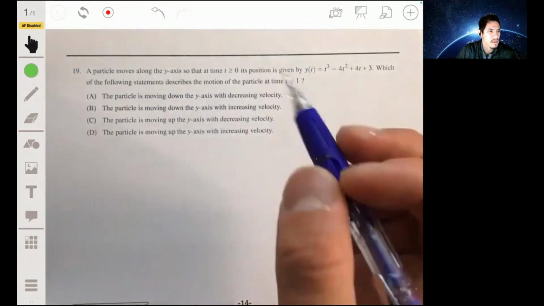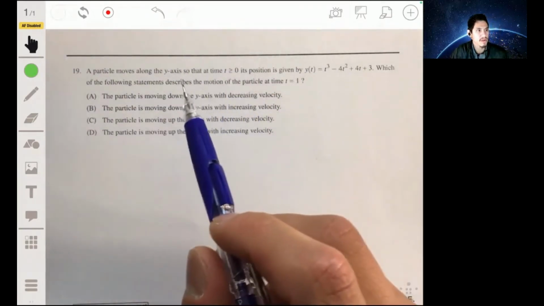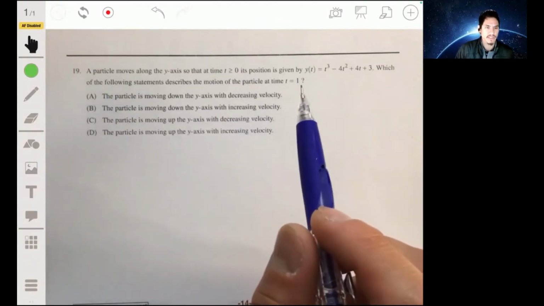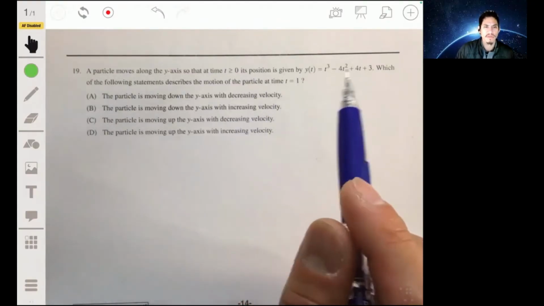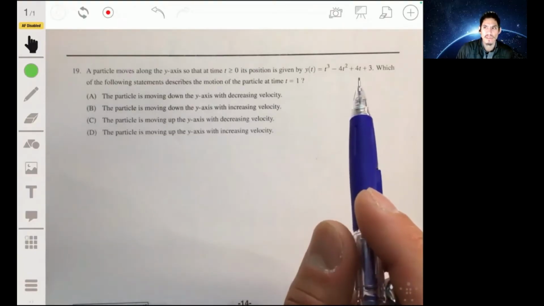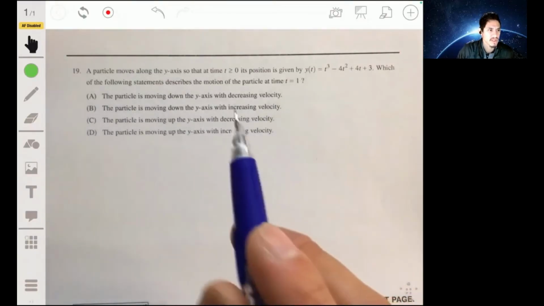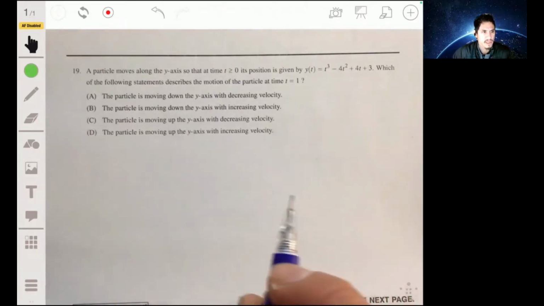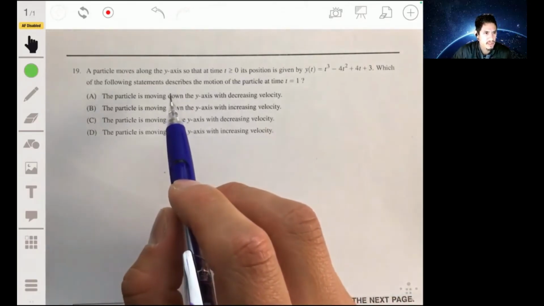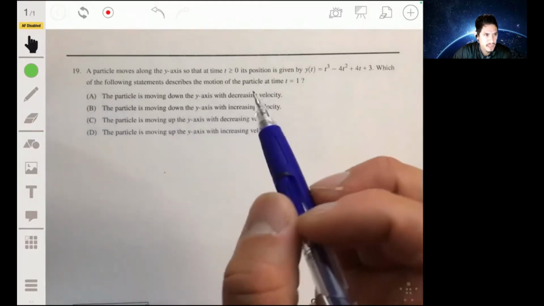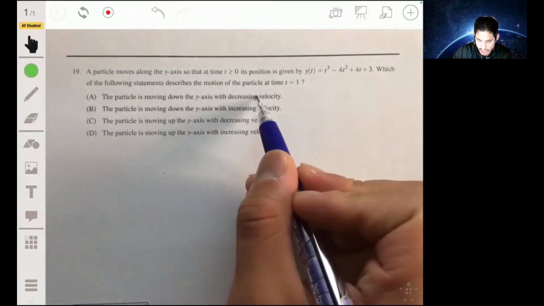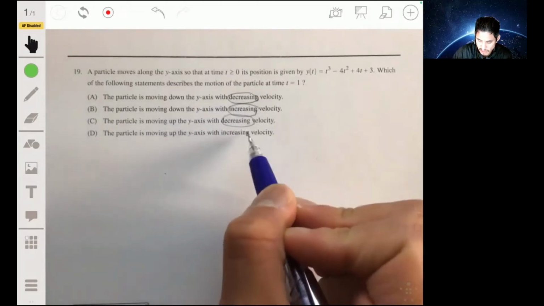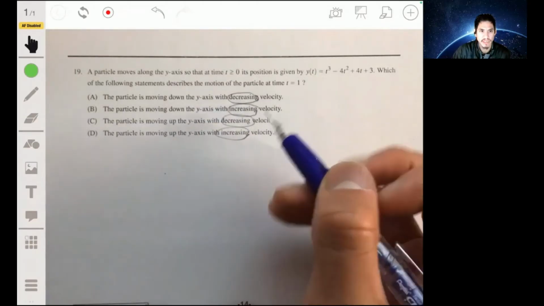Number 19, we're told that a particle moves along the y-axis so that at time t greater than or equal to 0, its position is given by y of t equals t cubed minus 4t squared plus 4t plus 3. Which of these statements describes the motion of the particle at time t equals 1? So it looks like we're looking at the velocity, and when it's saying how the velocity is changing, if it's increasing or decreasing, we're talking about the acceleration.